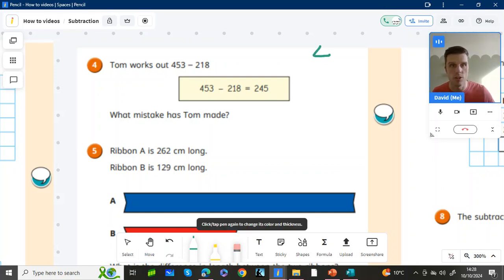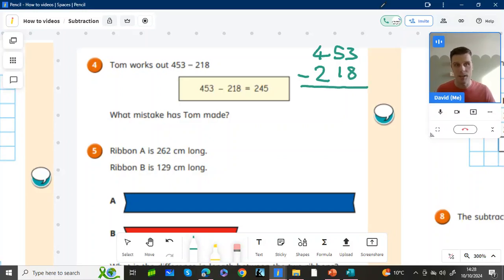So 453 minus 218. Okay, now that it's written like this, can you spot the mistake Tom has made? Pause the video here. Okay, I hope you managed to spot the mistake Tom made. Now let's move on back to the PowerPoint.